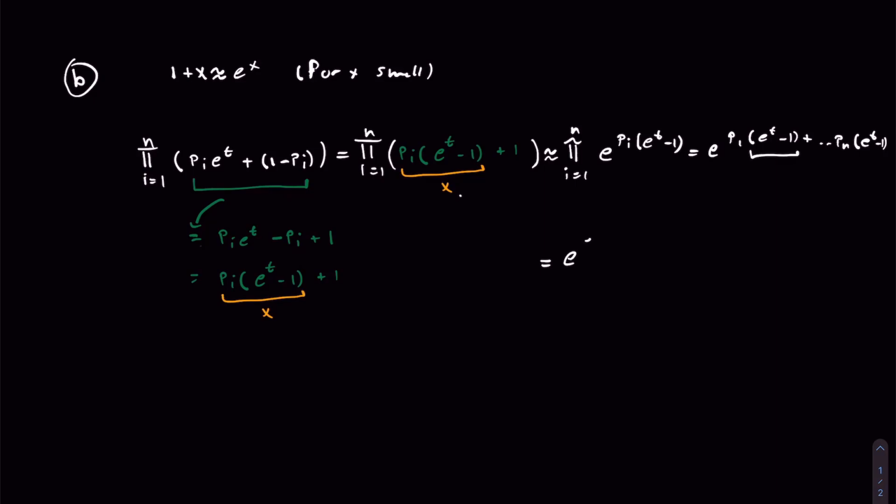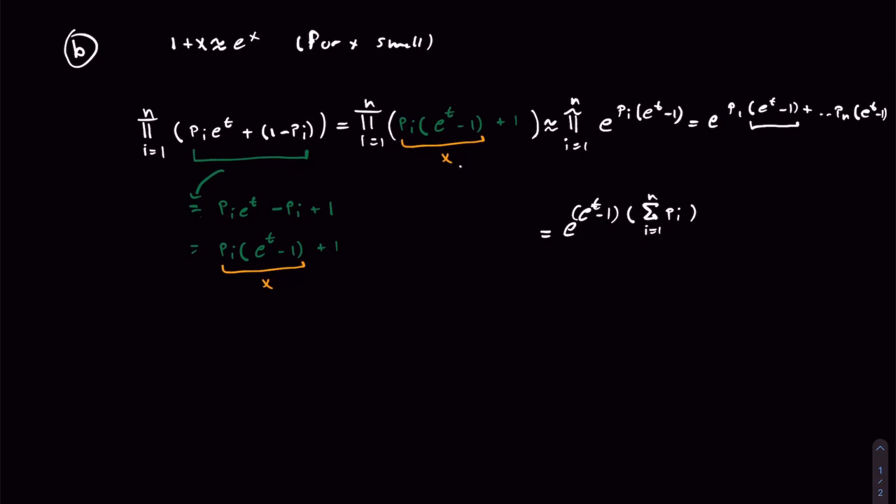so that e^t minus 1 times all these p sums. So these are now sums, p_i from 1 to n, like that.